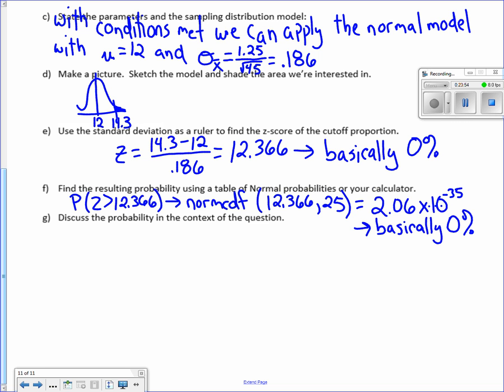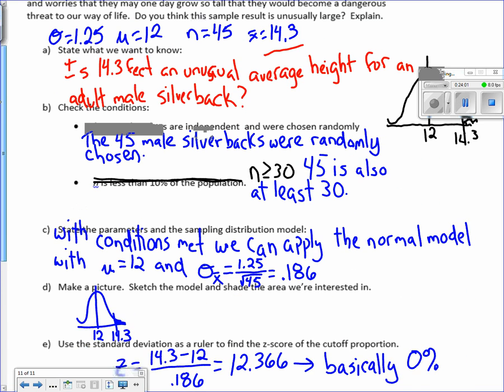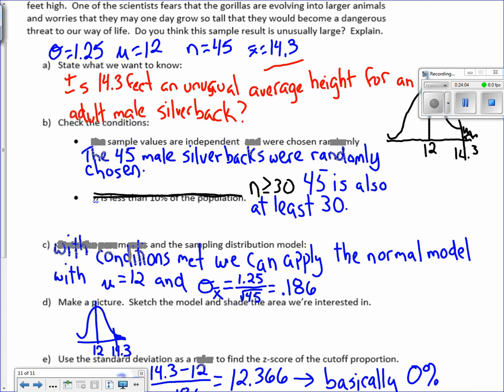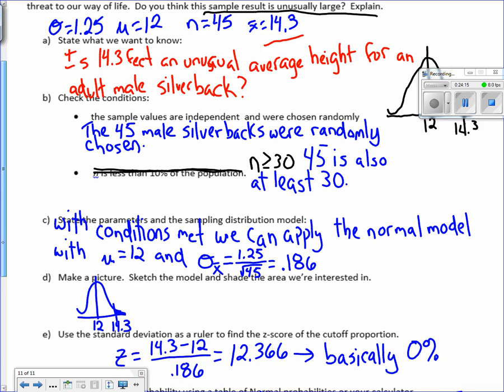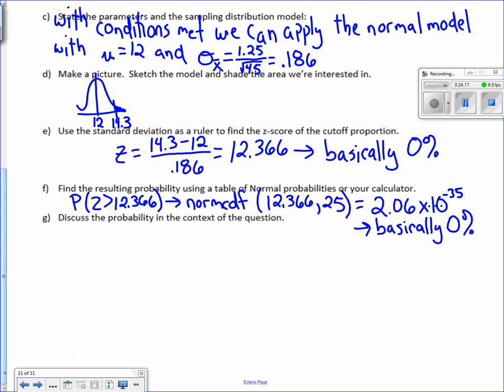So what we want to write in context. First, it asked way back up. This is the ticky-tack stuff for the AP exam. Do you think the sample result is unusually large? Since they phrased it that way, we have to answer the question. So they want a yes or no answer first.